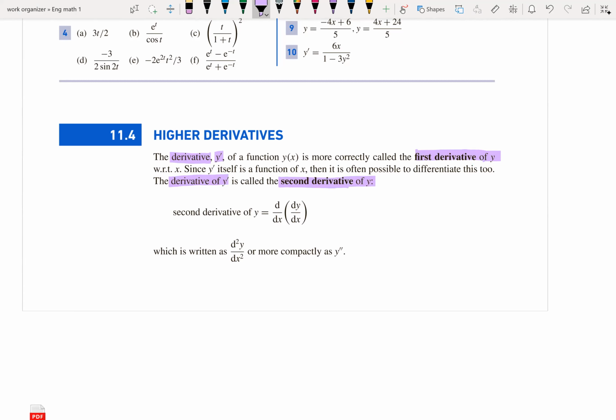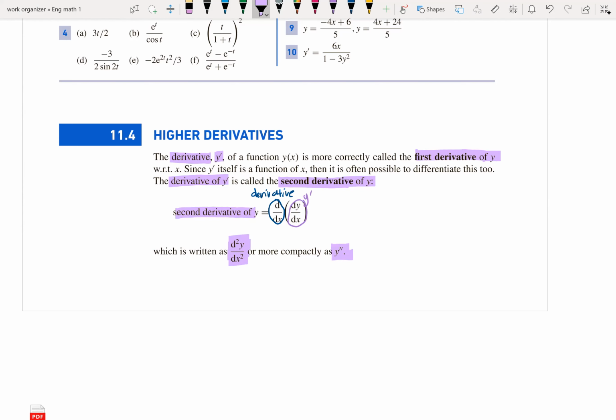It can be written in the form d squared y over dx squared, and also as y double prime.